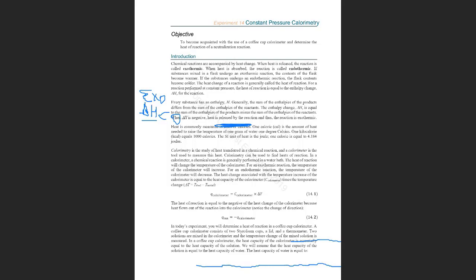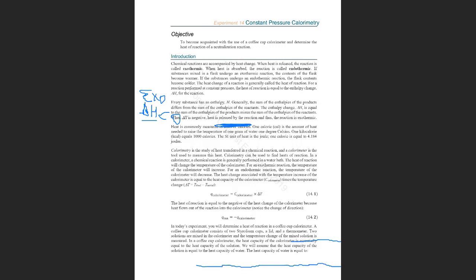And then we are going to use that the heat transfer is equal to the mass times the specific heat times the delta T. This is also important.